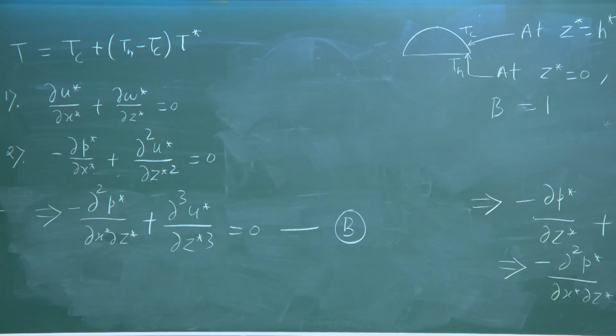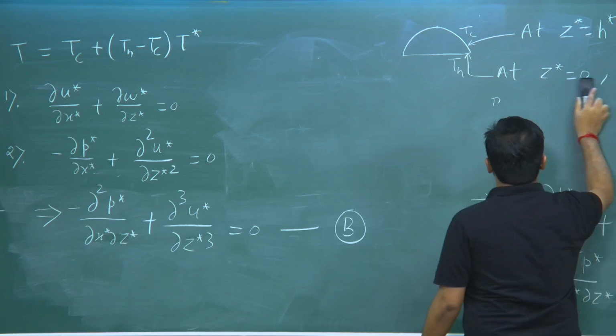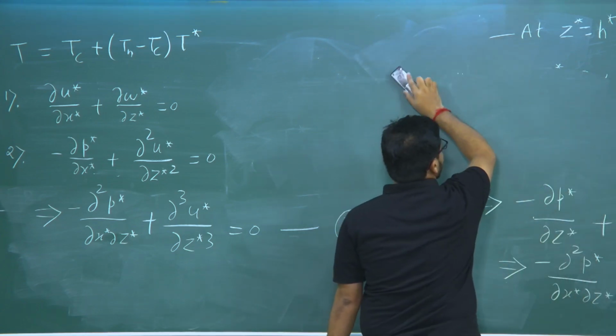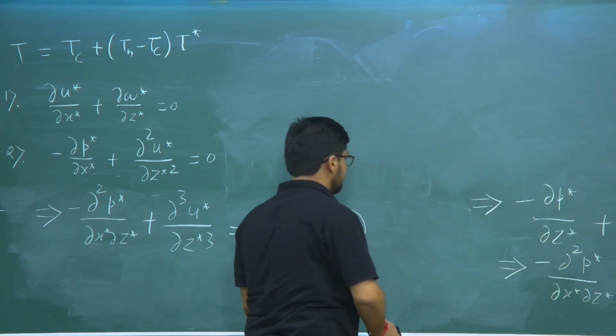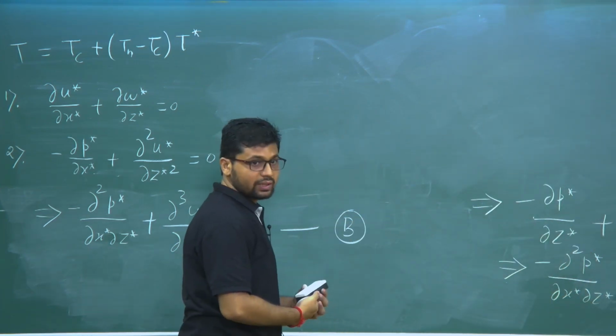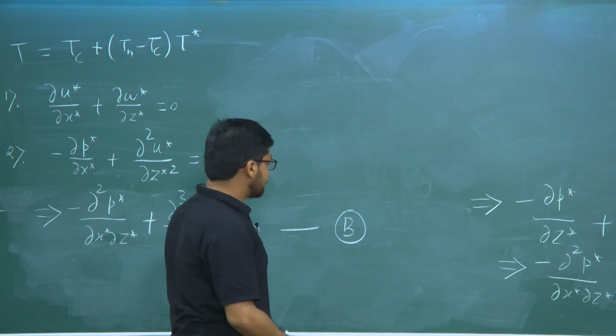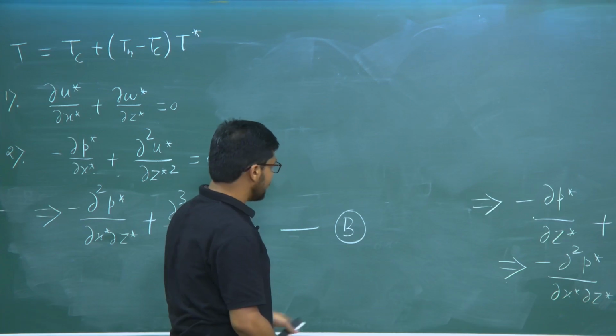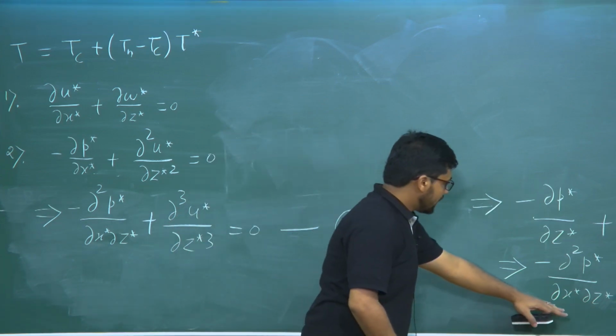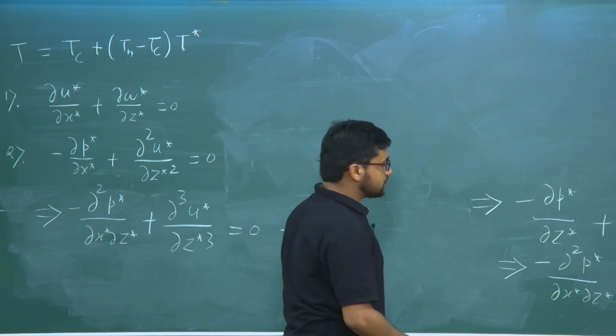So, what we did, we had the energy balance equation, from that we calculated T star using the boundary conditions, and we substituted the value of T star in z momentum, we differentiated both the equations, and then we are subtracting it to eliminate the pressure term from both these equations.